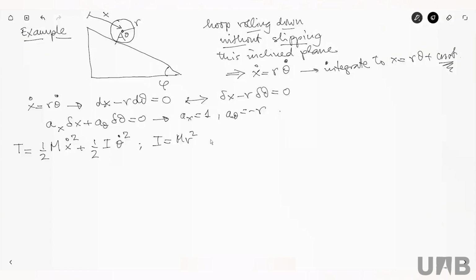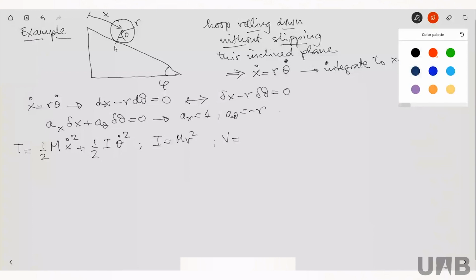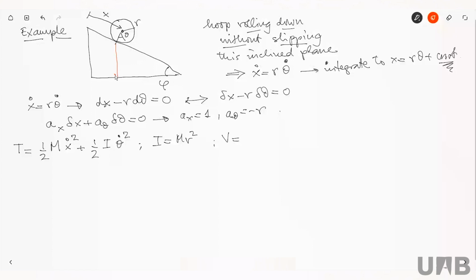Good. Now, the potential. For the potential, we have to be a little careful because we have to take into account what this distance is. So let me take this distance of the center of mass to the ground, okay? The distance has two parts.